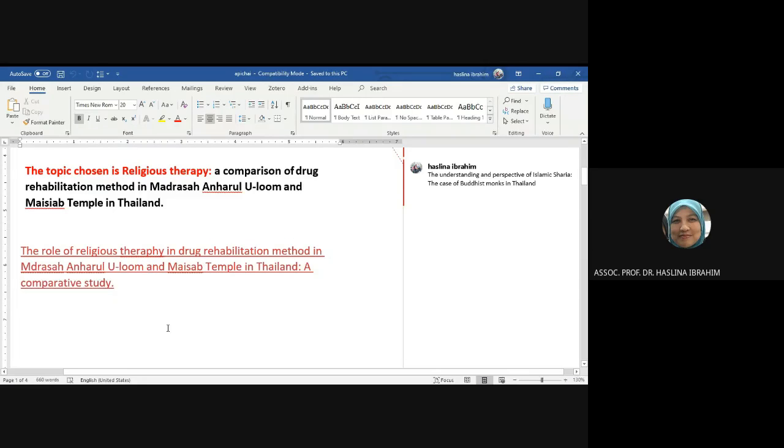Is there any literature that supports religious therapy in drug rehab? I think in Malaysia we have plenty, because for example we have Pengasih, and they are adopting religious therapy in rehabilitating people with drug problems. But then you have to read in Malay, I think, because most of the writings are in Malay. Do you speak Malay?